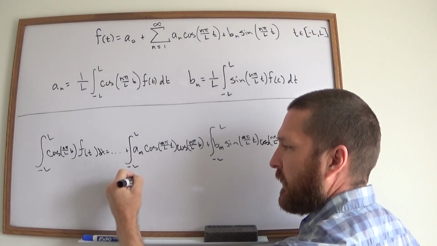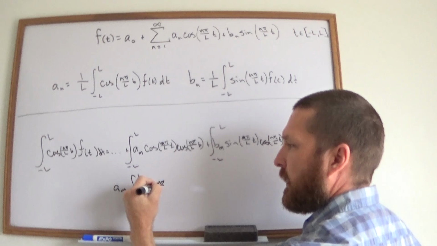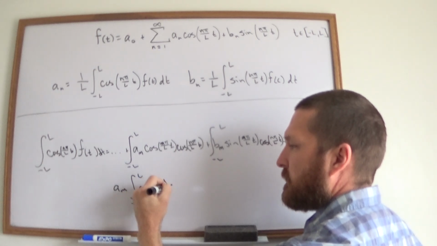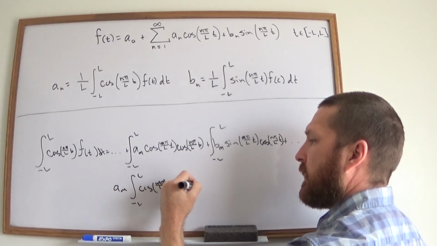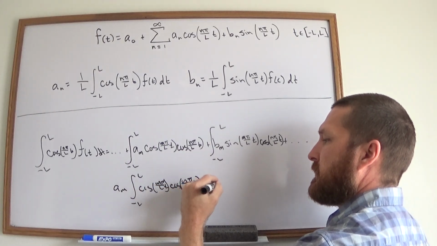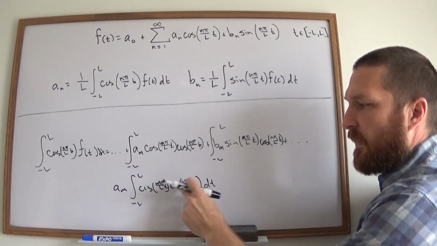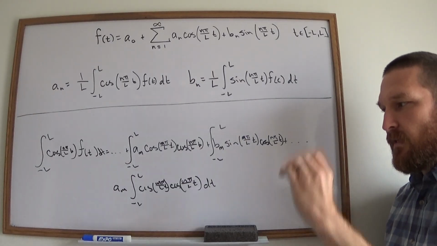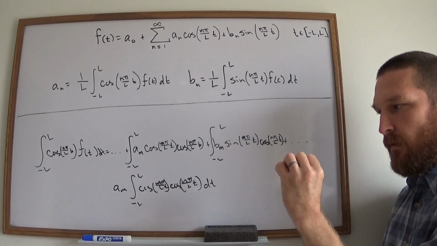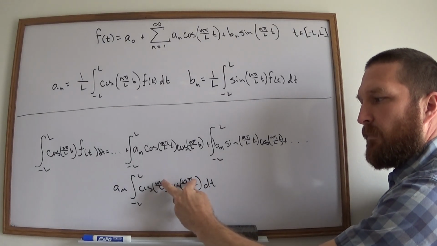We go from negative L to L of cosine m pi over L t times cosine n pi over L t dt. And we showed that this always integrates to 0 unless n and m are the same number.